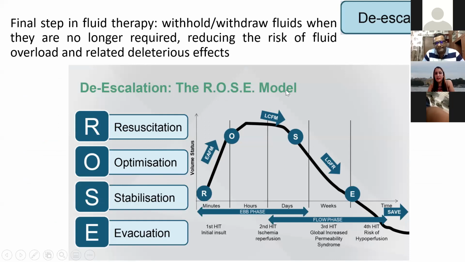De-escalation, Malbrain had suggested this ROSE model, which is now routinely used in the ICU, which suggests that the phases of volume therapy are R for resuscitation, O for optimization, S for stabilization, and E for evacuation.